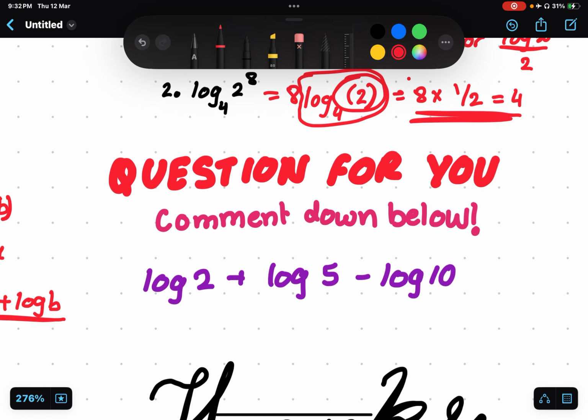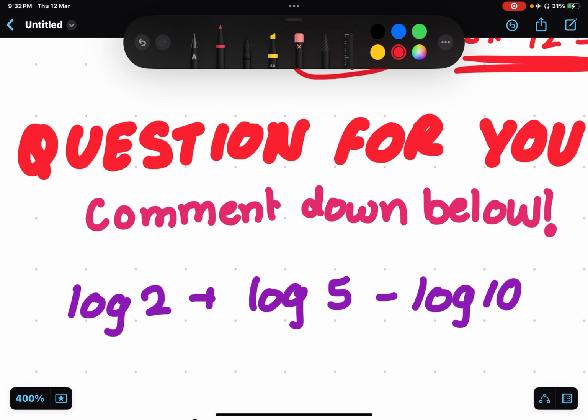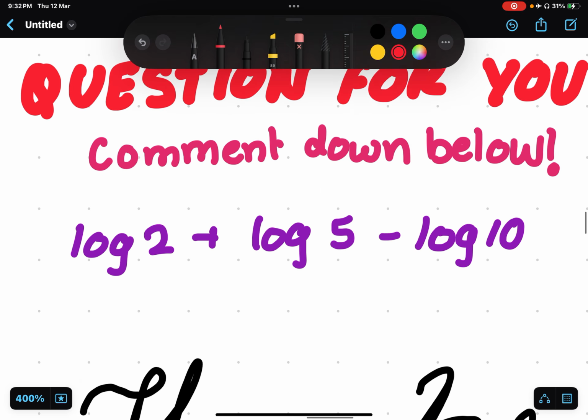So let me introduce one little homework thing I want you to attempt. A question for you. You can comment it down below and I will check it and let you know if you've gotten it right. Our question is log 2 plus log 5 minus log 10. Now let me give you a hint.